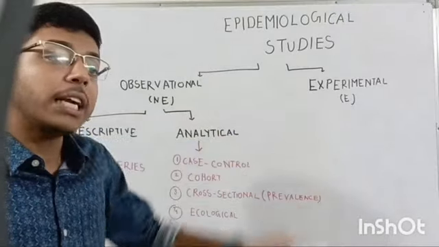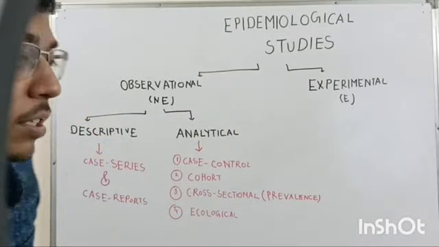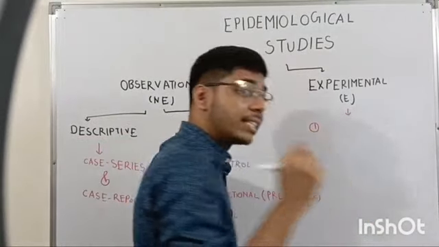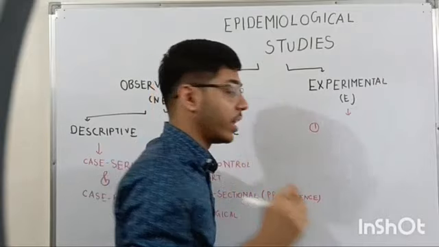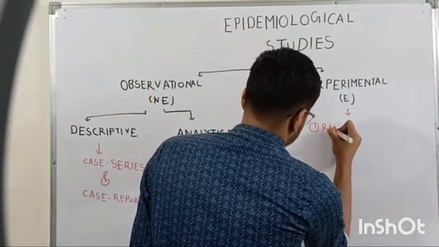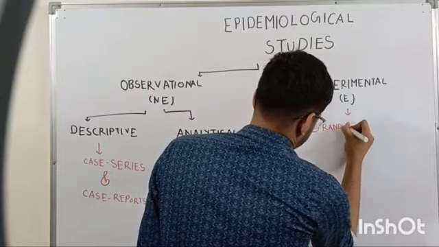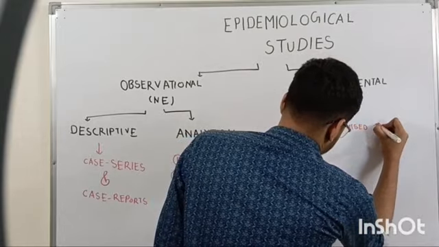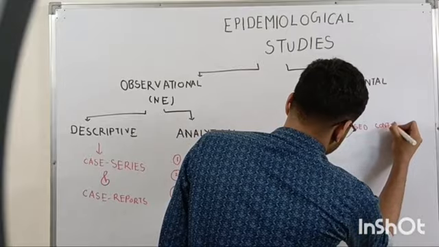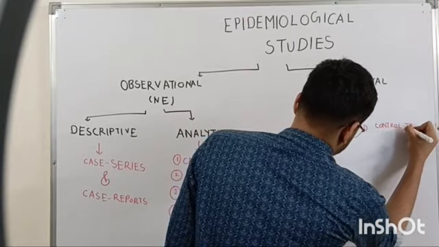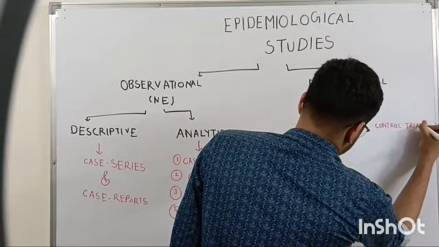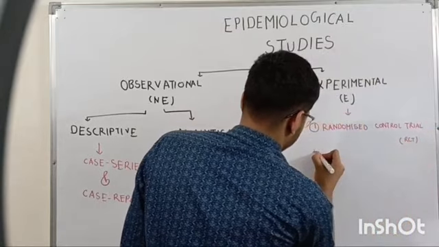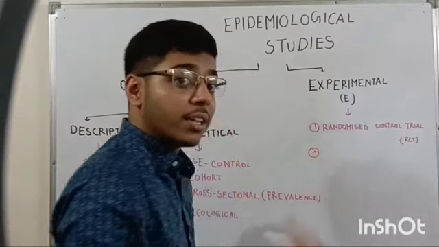And in experimental type of study, there are 3 subtypes. The first is the RCT, which is the randomized control trial. Second, there is community trial.